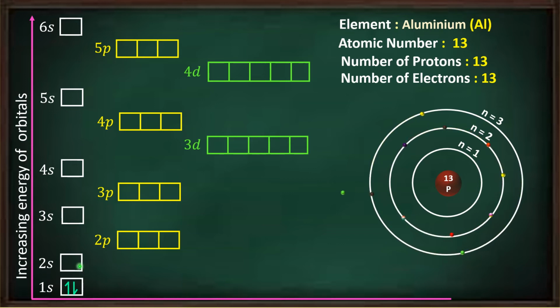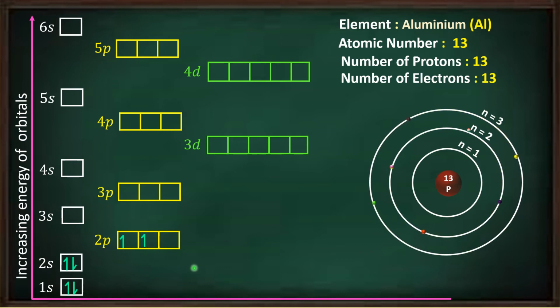Then third electron enters into 2s, isn't it? Next, fourth electron pairs up with this electron in 2s. Next, fifth electron occupies one of the empty orbitals of 2p. Next, sixth electron occupies the other empty orbital of the 2p.